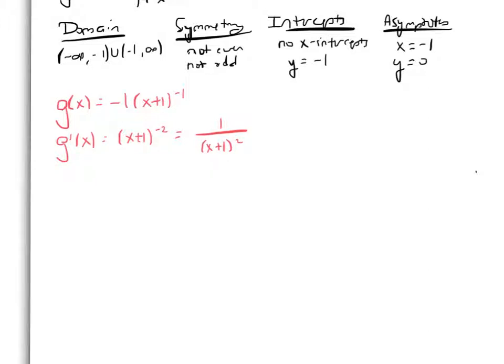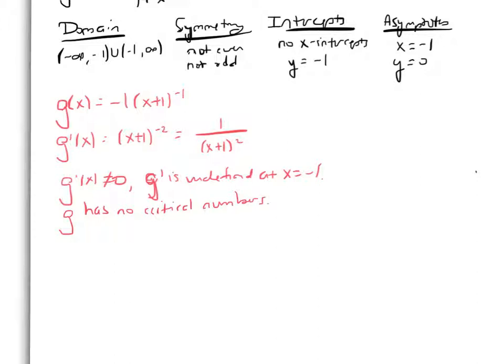So g prime is never equal to 0, but g prime is undefined at x equals negative 1. But negative 1 is not in the domain of g, so this is not a critical number. So g has no critical numbers.